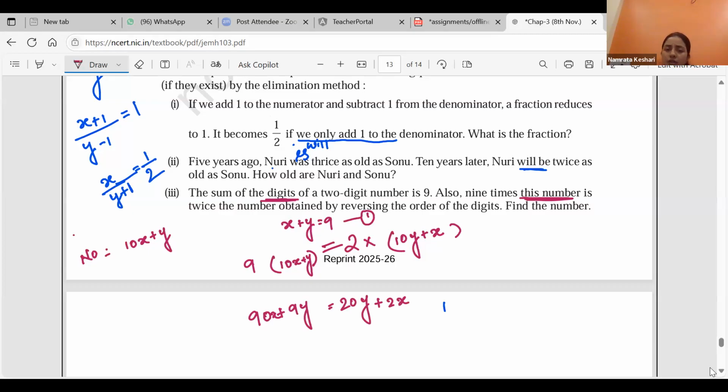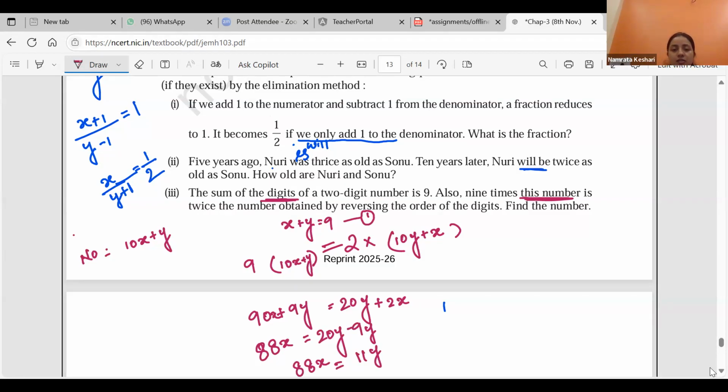Doesn't matter even if on the other side you get 0, it is completely fine. Your equation looks like this. 90x minus 2x is 88x, and 20y minus 9y is 11y, so 11y is equal to 88x.